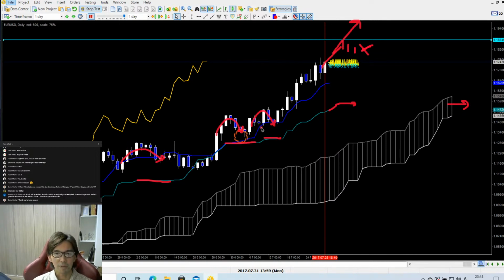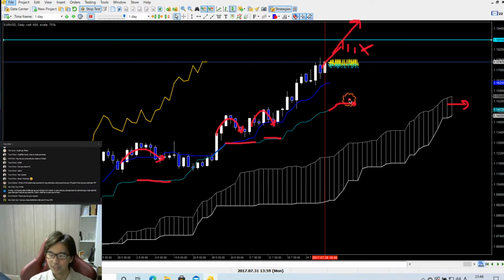In this example, the market did not reach the Kijun Sen, but often the market comes back to the Kijun Sen when Kijun Sen goes flat. So yeah, that would be my timing to look for the exit.